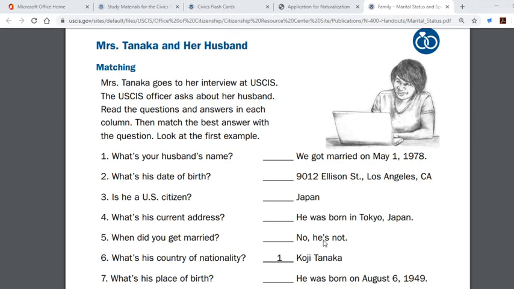Okay? Number 4. What's his current address? 9012 Ellison Street, Los Angeles, California.